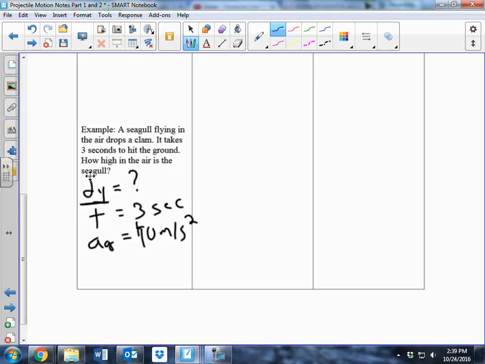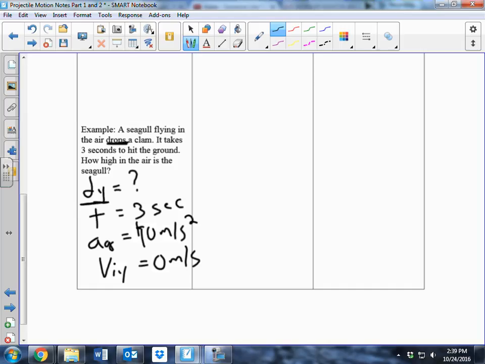Now there's something else you know. You know that the clam is dropped, which means my initial velocity in the y direction is 0 meters per second. Just like when you dropped that golf ball in your acceleration lab, or for those of you who did the do-it-yourself motion lab, you dropped objects.